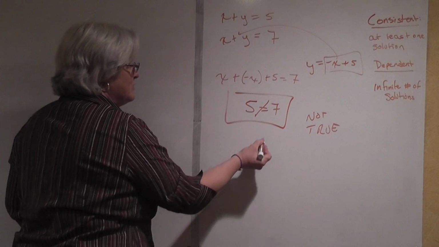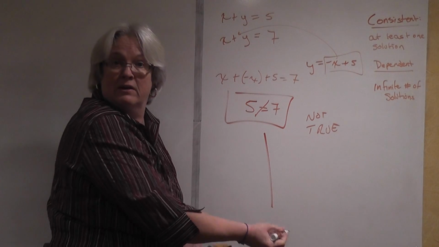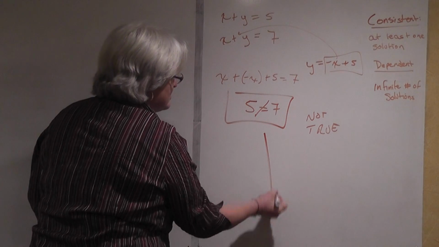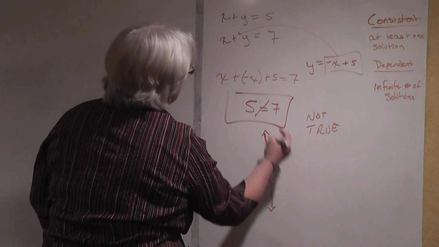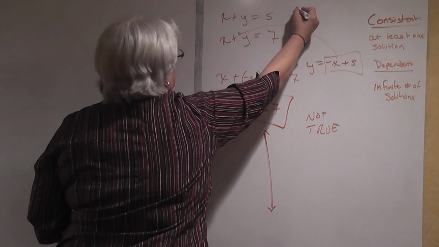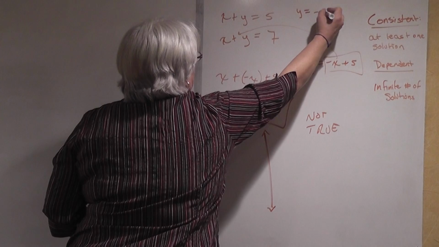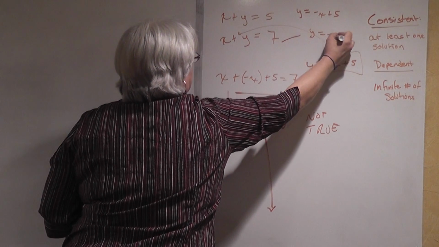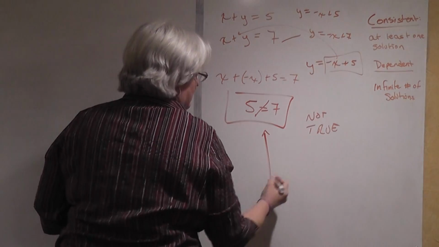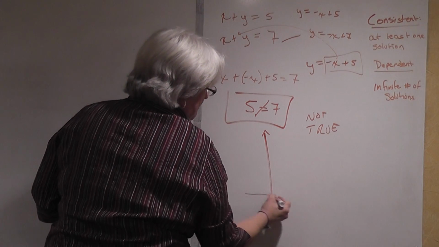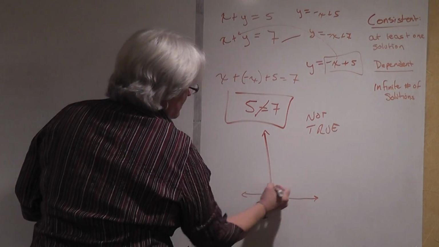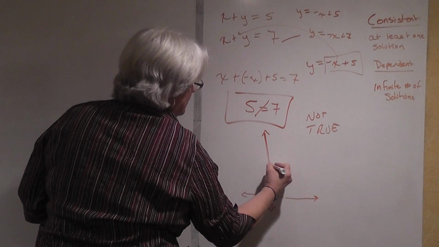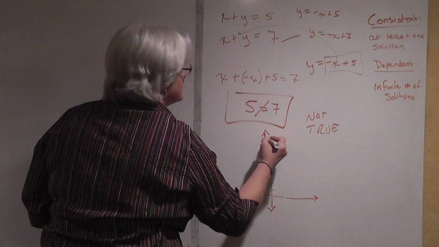Well, let's see what happens if we sketch this. Let me see how far down I can go. Sketch these two graphs. What do I have? y is equal to negative x plus 5. And then I have y is equal to negative x plus 7. Okay, 1, 2, 3, 4, 5, 6, 7.